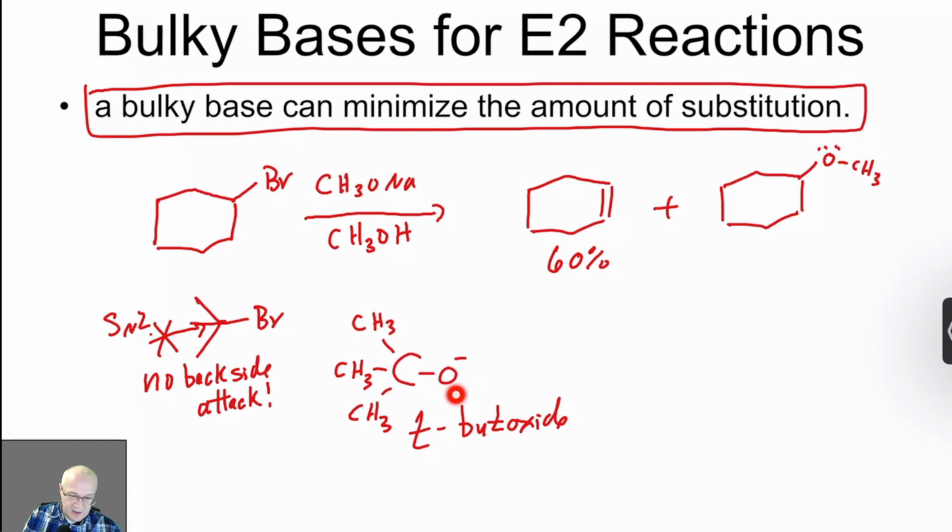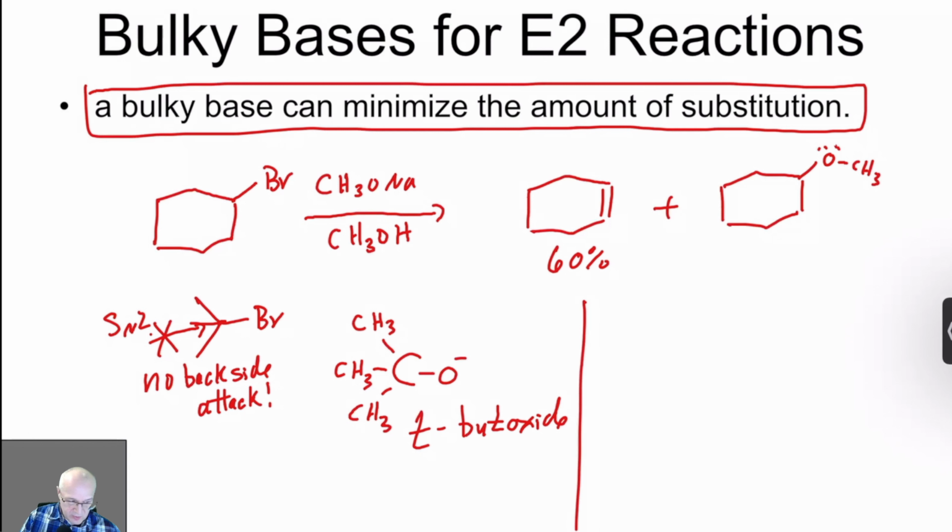Here's the basic ion, the ion that's going to do all the work, the O minus. And here's the baggage that it's carrying around. This baggage will get tangled up in this ring system before the oxygen can touch that carbon, or at least slow it down so that it prevents this from occurring. So using a bulky base is good if you want to promote E2.